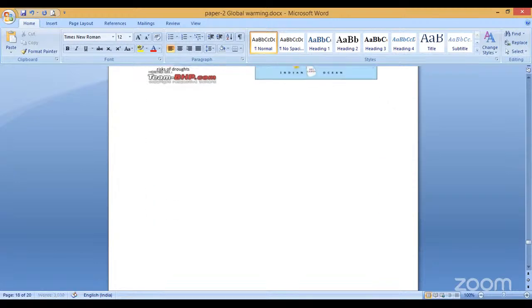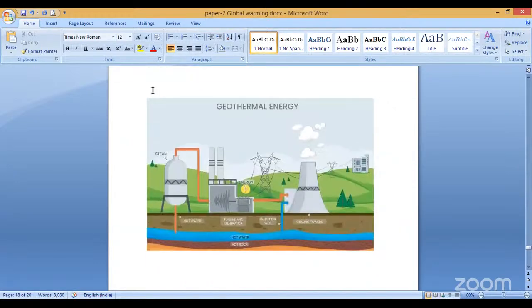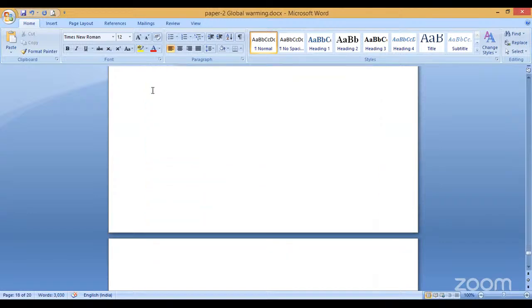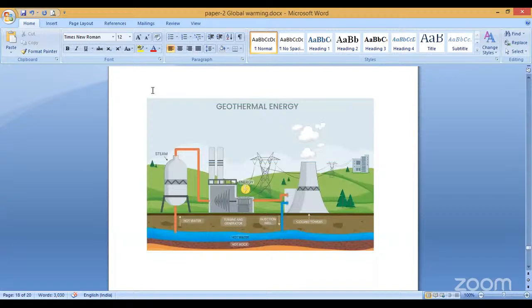Then coming to the next diagrammatic representation, that is geothermal energy. Geothermal energy is one of the most important ones.